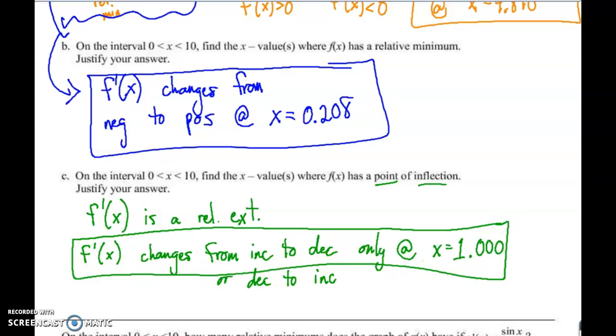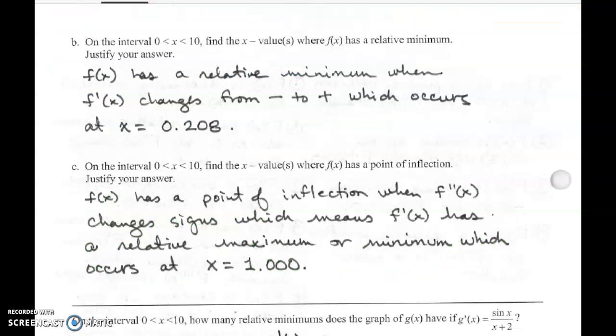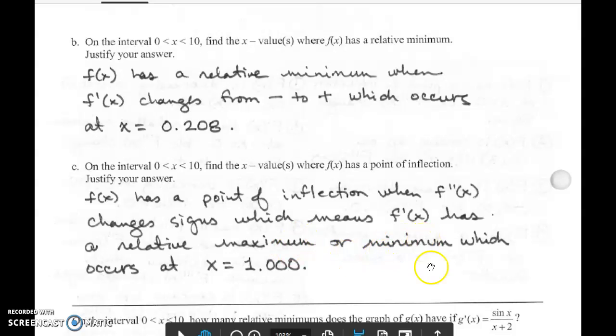And notice that the answer key, which I have no problem sharing, even goes into how it matters that f prime of x is a relative max or min, because the second derivative needs to change signs. So I like to use the phrase increasing to decreasing in this case.